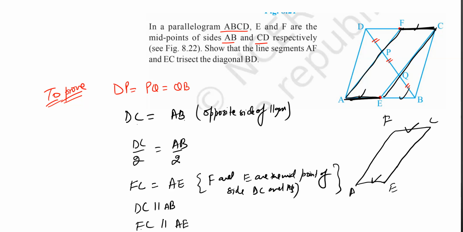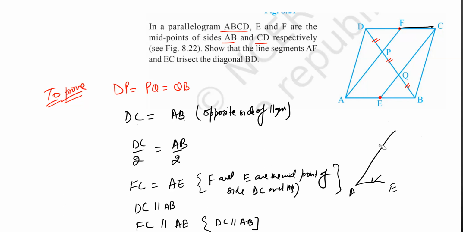Tell me, FC will also be parallel to AE. Why? Because it is a part. If I'm saying that this whole side is parallel to this side, then the part of this side will also be parallel to this side. So you can write the reason: since DC is parallel to AB. Got it?